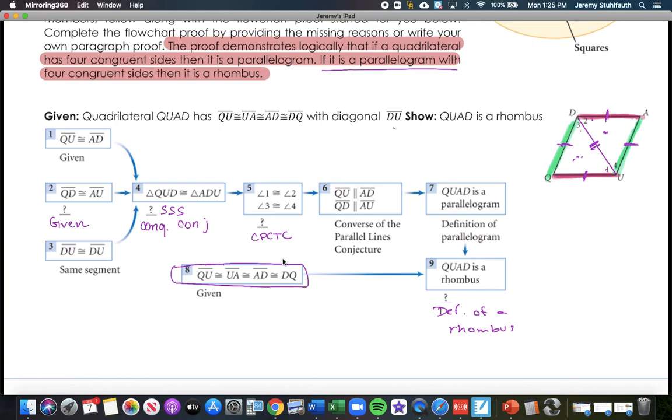And then we were able to say that because we know that those angles are congruent, then we're able to say that these sides are parallel because it's the converse of the parallel lines conjecture, which then leads us to say it's a parallelogram with four equal sides, which is the definition of a rhombus.